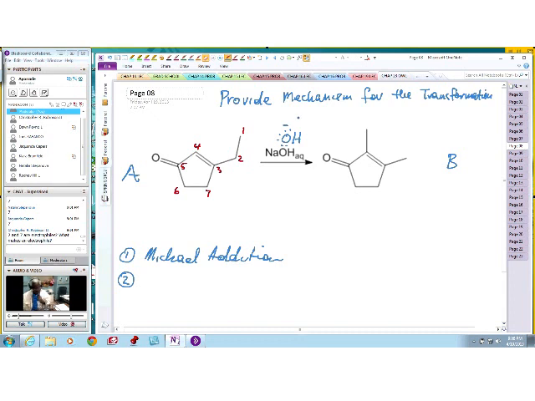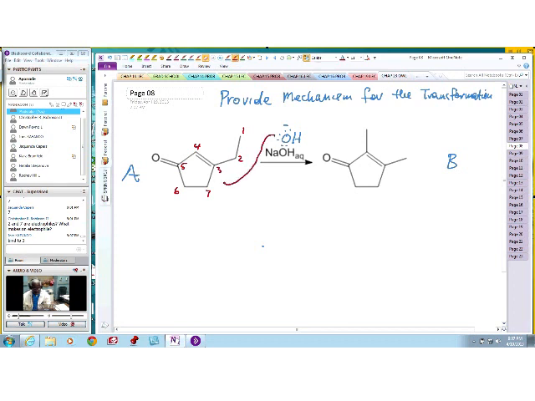So therefore, what do you think is going to happen? What does the hydroxide do at this point? Before I told you that we are going to do a Michael addition. What carbon does it bind to? Carbon number 3. Excellent, very good. Since we want to do a Michael addition, the hydroxide will attack carbon number 3, and in so doing, this pi electron goes here, and then what do we get?